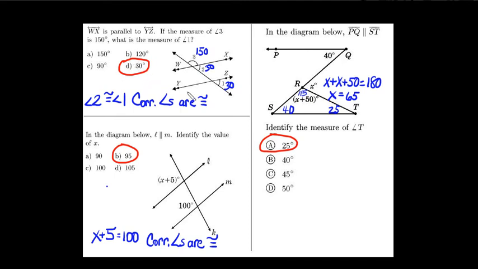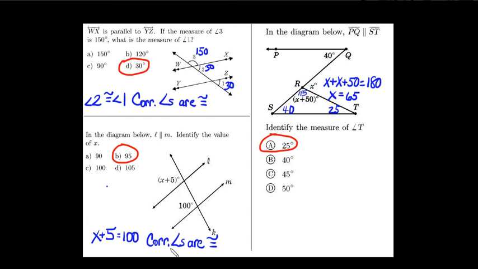Down here, I am told that line L is parallel to line M. You can see that it's cut by a transversal. And you're asked to identify the value of x. I know that x plus 5 is going to equal 100 because corresponding angles are congruent.